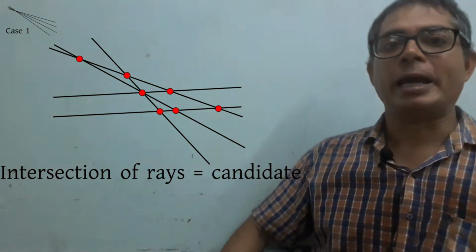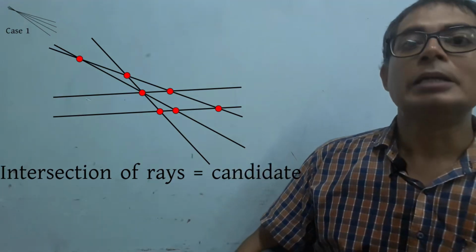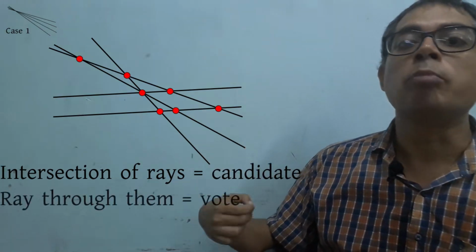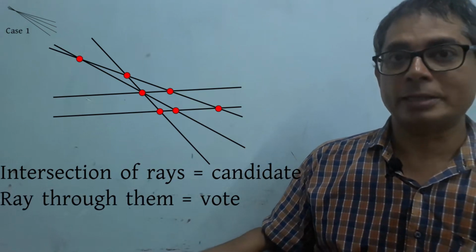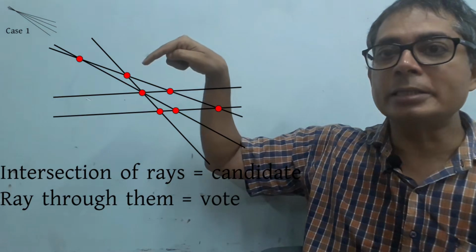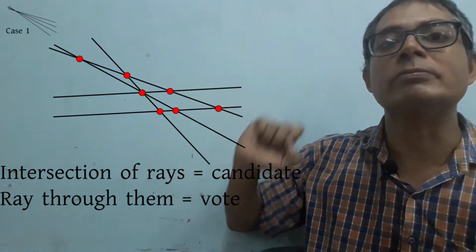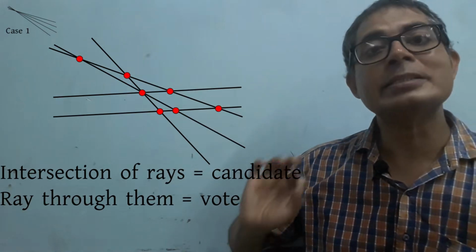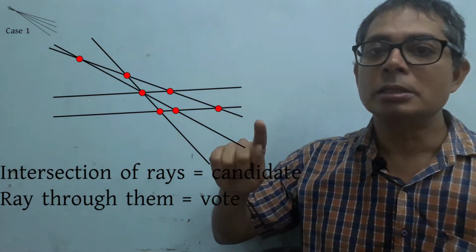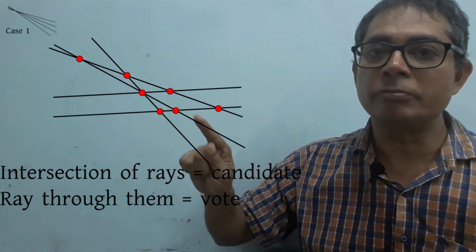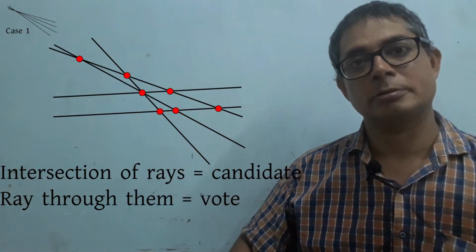Each candidate has at least two rays passing through it. We shall say that those rays are voting for that candidate. For example, this candidate has 2 votes, while this candidate has got 3 votes. Notice that the same ray may vote for multiple candidates, like this ray is voting for this as well as this candidate.